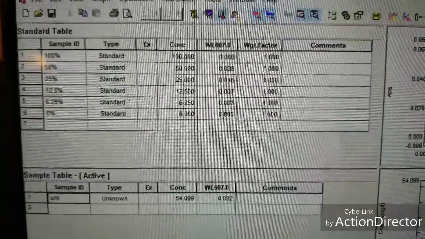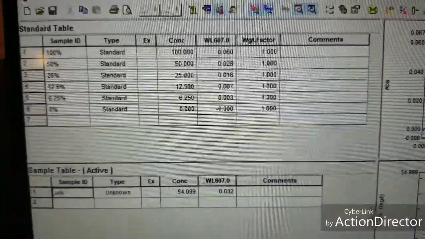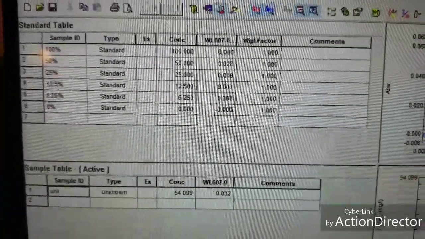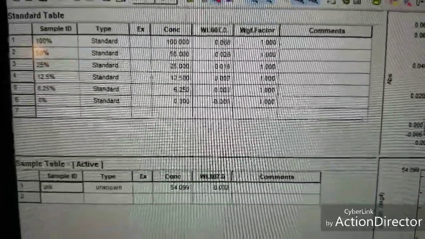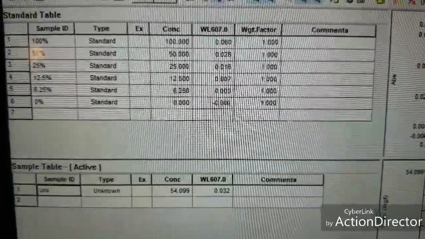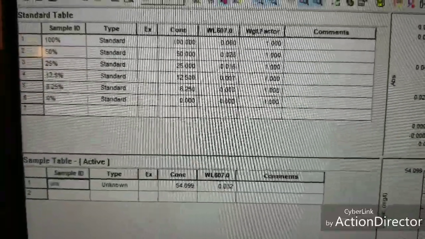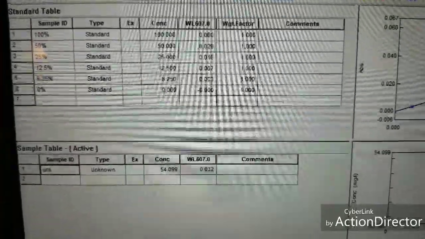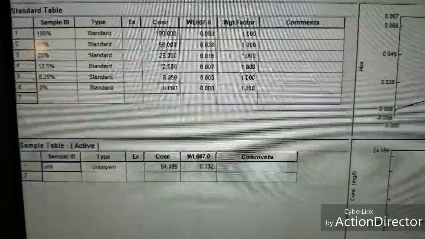Keep in mind, normally you're looking for a specific molecule, not a substance. Beer is a composite substance, a mixture, a solution. It has ethanol and water and probably hundreds of other chemicals in it that are light absorbing chemicals. So normally if you're doing this for real, you would be looking for a specific molecule that's absorbing at a specific wavelength.